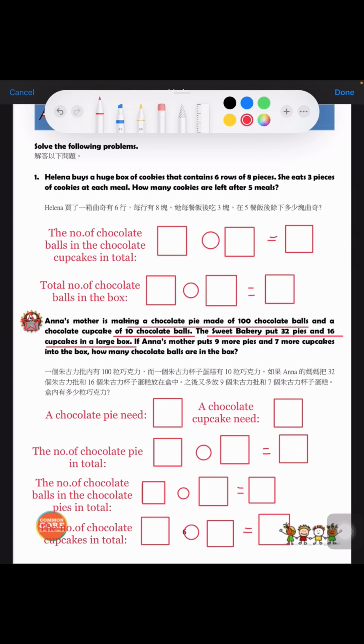If Anna's mother puts 9 more pies and 7 more cupcakes into the box, how many chocolate balls are in the box?